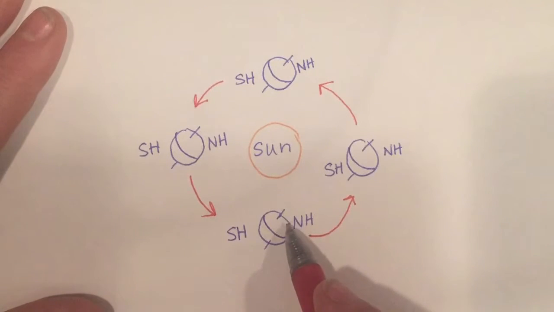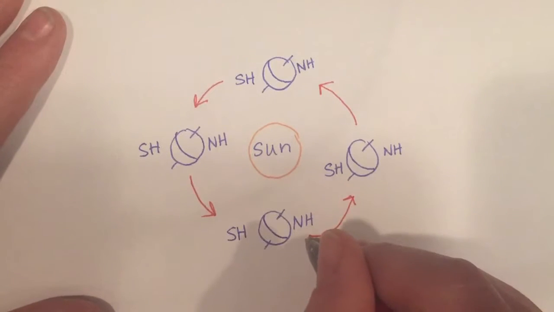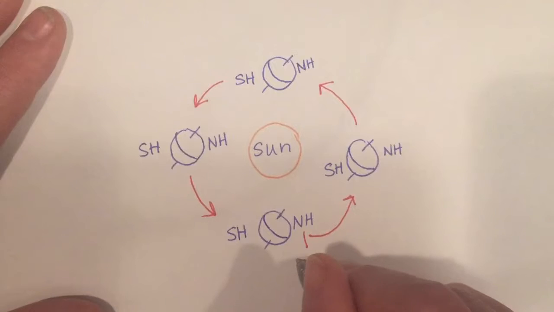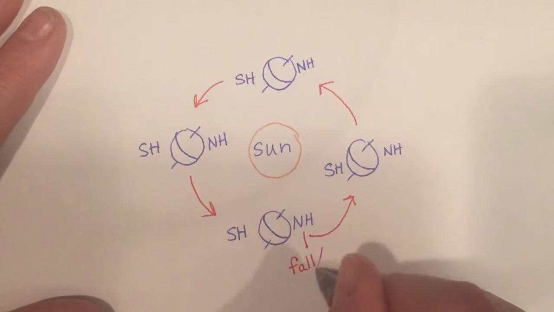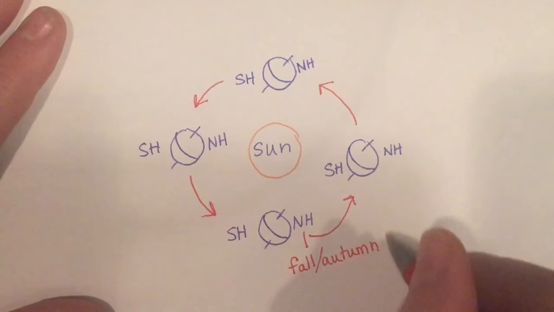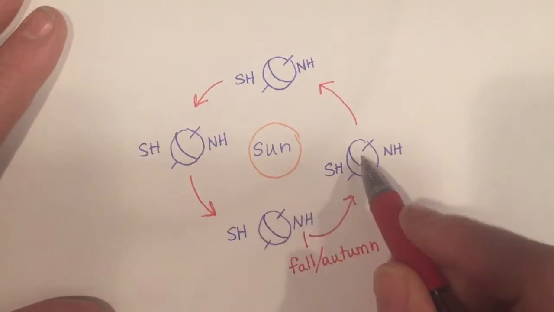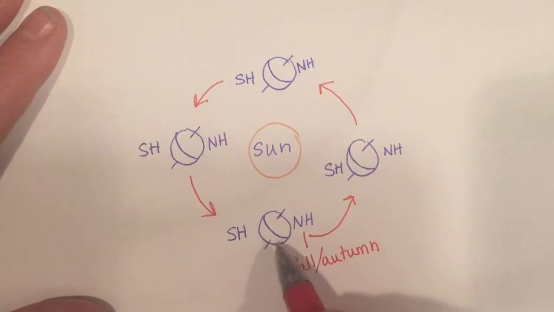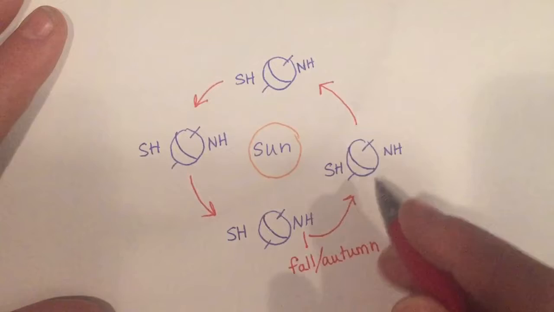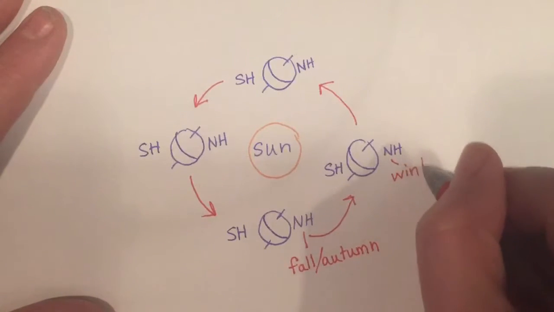We'll start out with summer for the northern hemisphere. If the northern hemisphere is experiencing fall, which is also known as autumn, we know that 3 months later, 1/4 of the way around the sun, we're going to be experiencing winter.